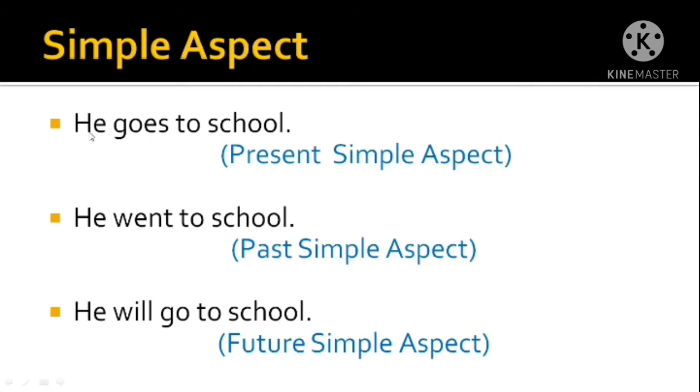First of all, you try to analyze this sentence. He'll go to school. See the changes here. The changes have come only in the form of the verb. Goes is the S form of go. It is in present tense. Went is the V2 form of the verb go.